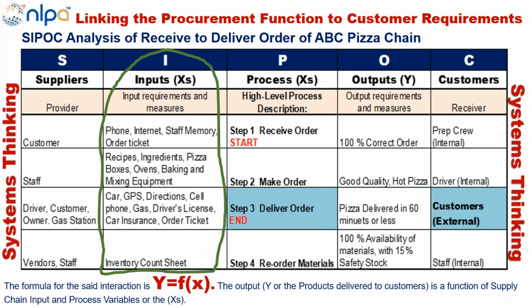So to really have a positive impact on the quality or the output of any supply chain or any process, it is very important that we understand that the inputs and the processes that convert those inputs, that intersection, has to be on point, has to meet specification, has to be top class.